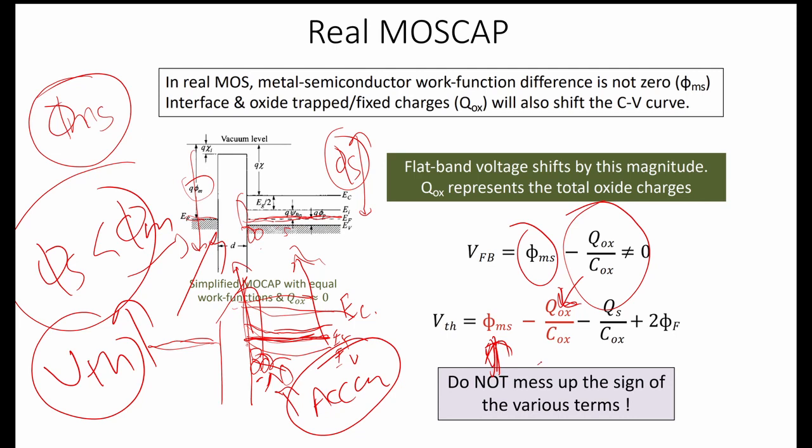This much voltage we need to apply to make the bands flat initially and to offset the fixed charges, and this is the extra voltage for the threshold. Then only do we go into the inversion region, not before that.